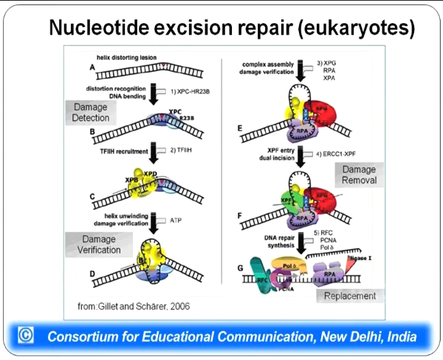This TFIIH is a very important protein because it takes part in nucleotide excision repair and it also takes part in transcription. After XPC and TFIIH have been loaded, there is loading of other proteins, XPB and XPD, which take part in unwinding of the DNA and verification of the damage. Then other proteins come into play, very important among them ERCC1-XPF, which makes incisions at two sites and cuts out a stretch of nucleotides containing the damaged nucleotide.